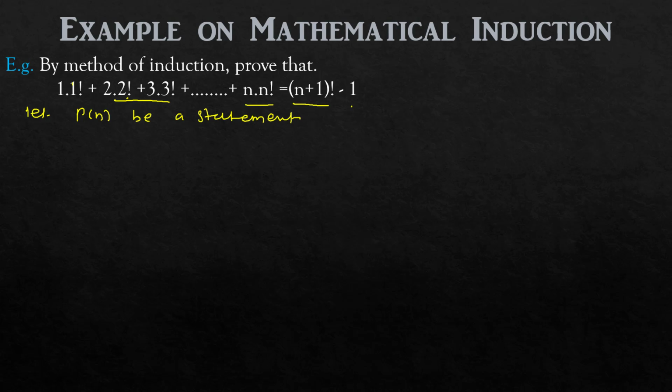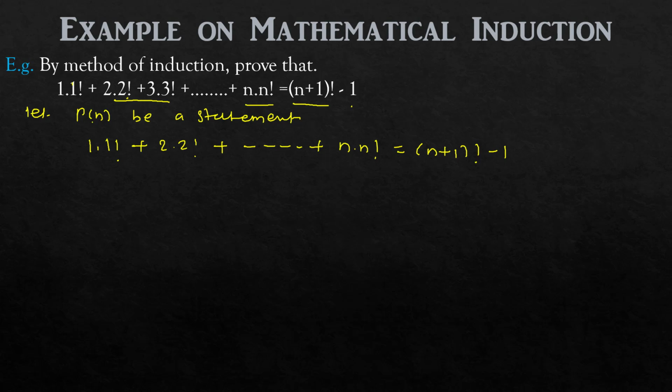What is the statement? That is 1 into 1 factorial plus 2 into 2 factorial plus dot dot dot plus n into n factorial is equal to n plus 1 factorial minus 1.